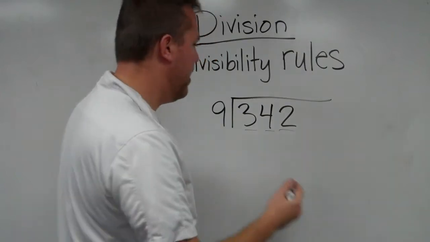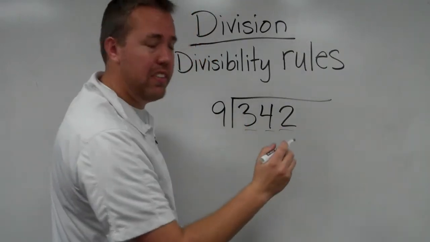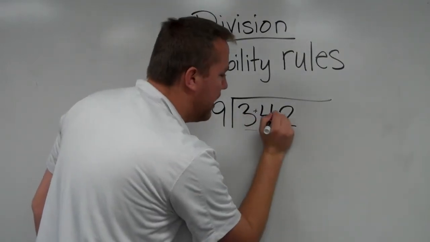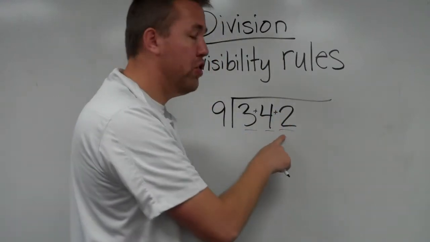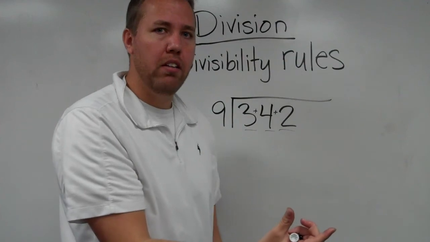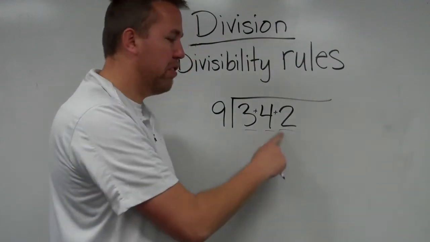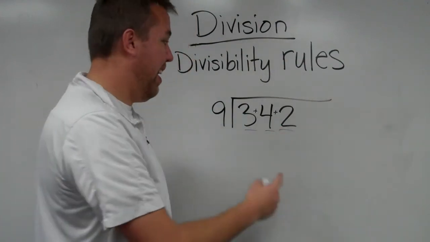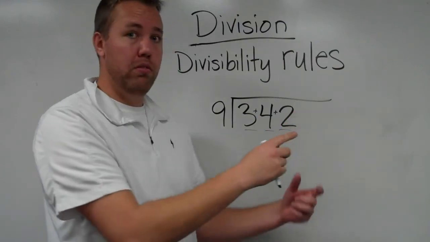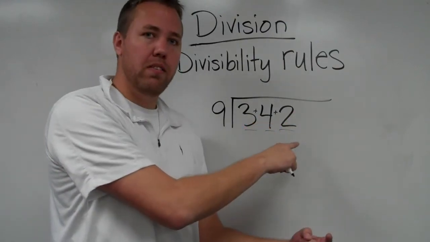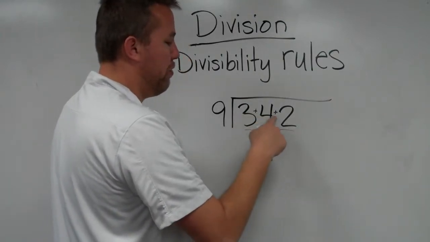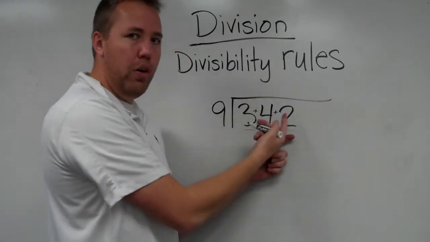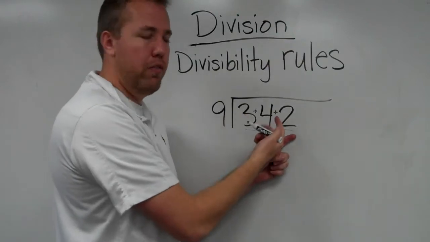No, I don't want to do that. I'm looking at the singular digits in the number. I add those together. Okay? 3 plus 4 is 7, plus 2 is 9. So if I add those digits together, and then 9 can go into the sum of these digits, it's divisible by 9. So 3 plus 4 plus 2 equals 9. 9 can go into 9, so 9 goes into 342.